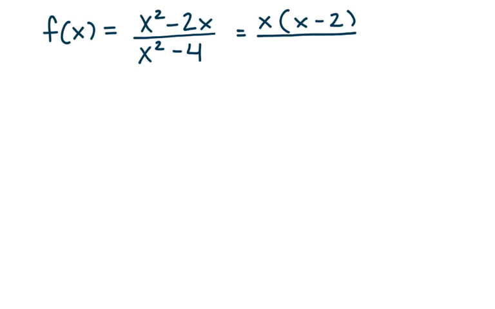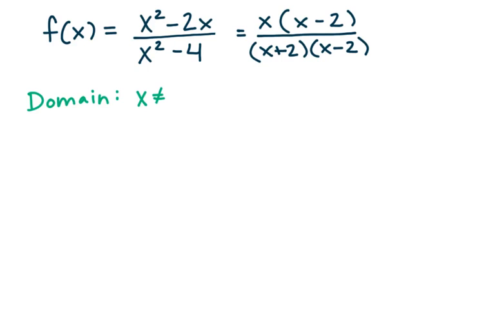And my denominator is a difference of squares. x plus 2, x minus 2. So when I go to start thinking about my domain, I know, since there are 2 factors in the denominator, that there are 2 values I have to omit from the domain. In this situation, x cannot equal -2 or +2.